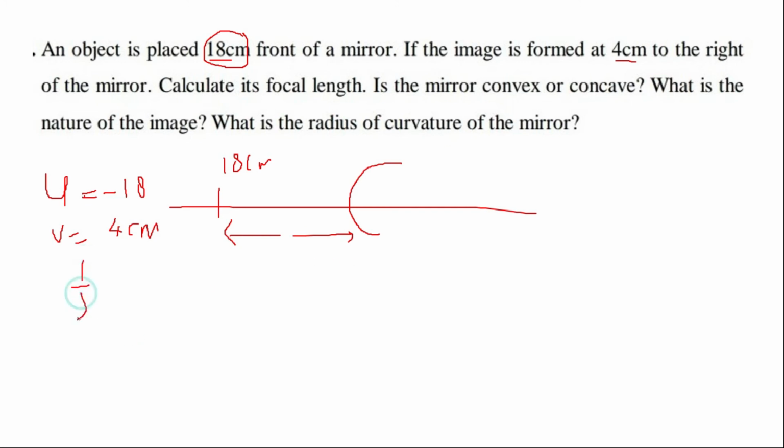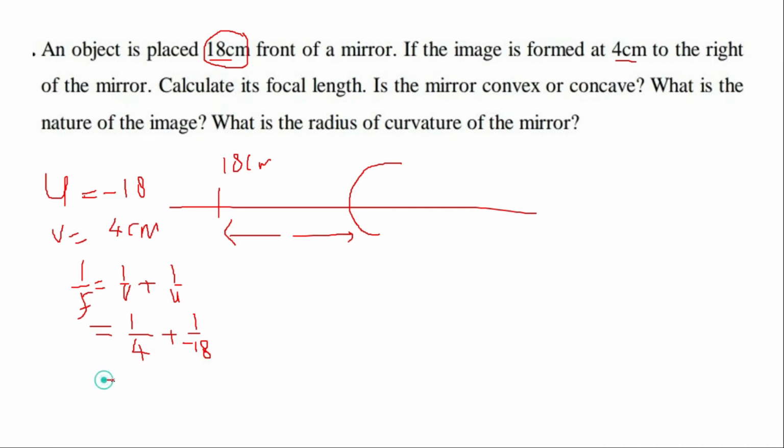1 by f equals to 1 by v plus 1 by u. So the value of v is 1 by 4, and plus, minus 1 by 18.